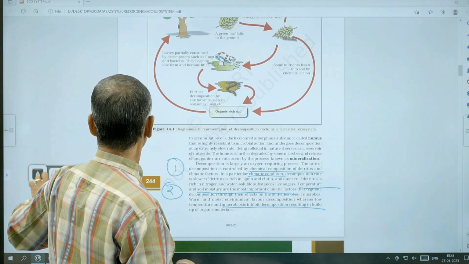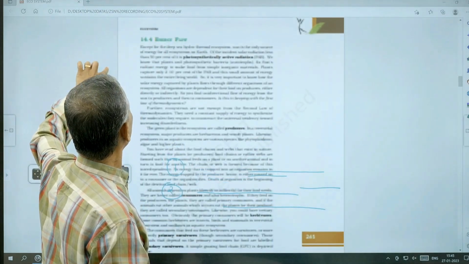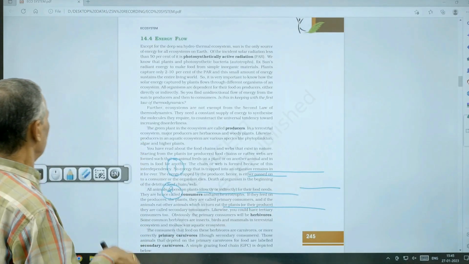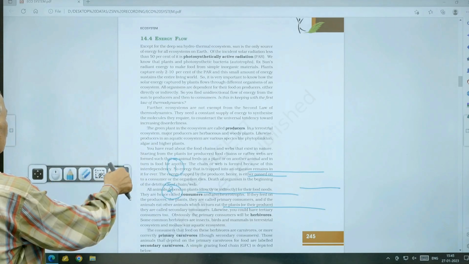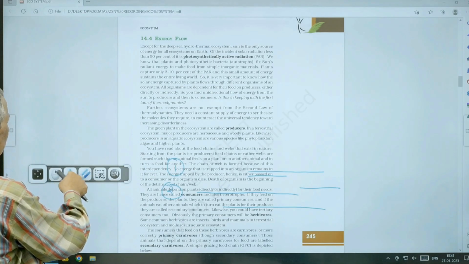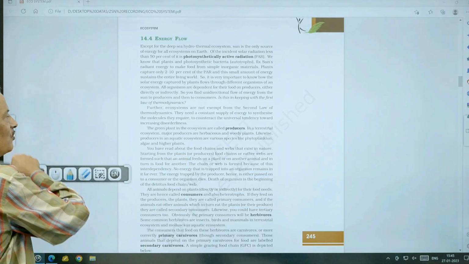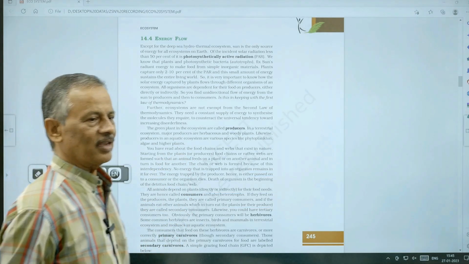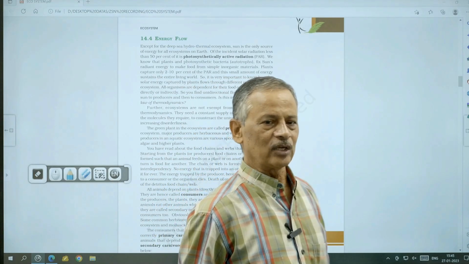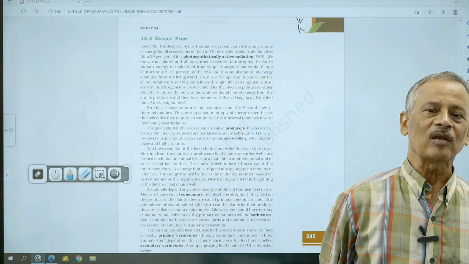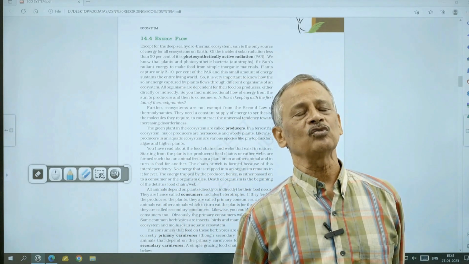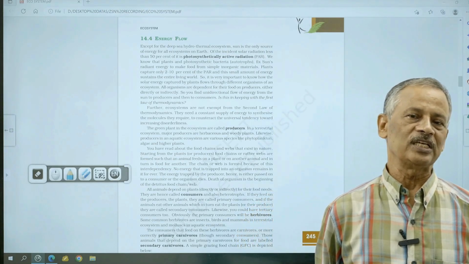Number 3 is energy flow, which is very, very important in the sense that it is that energy that is maintaining any system. Just like organisms, this ecosystem is continuously working, and for its working, a continuous supply of energy is needed.